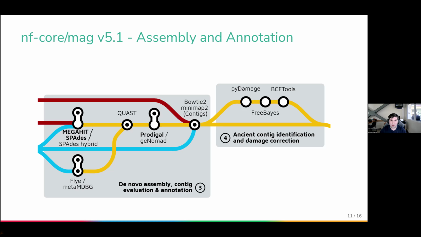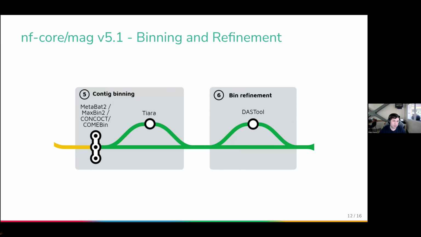Then we have a small module for ancient DNA identification that has a set of tools: PyDamage, FreeBayes, and BCFtools. And after here, we have our assemblies. So the next step is by using binning algorithms to have the bins.